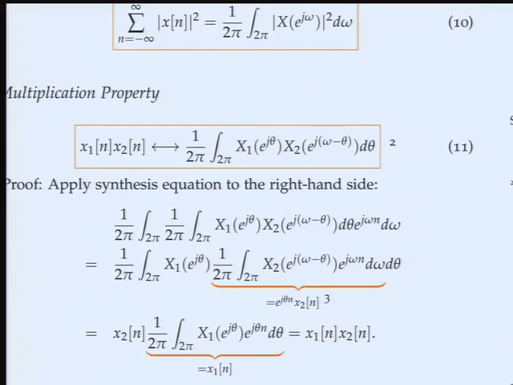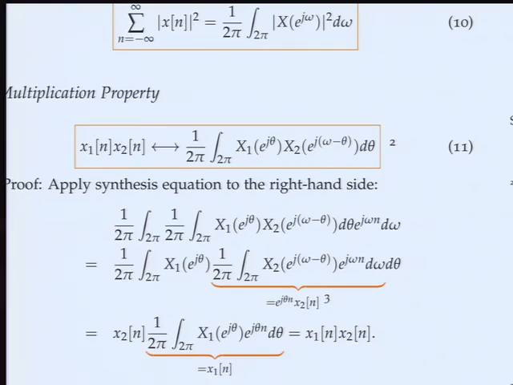So then you have two integrals: one over omega, the other over theta. The never-failing, very reliable trick in this course that saves the day in every lecture, in every exam, everywhere, is that if you see a double integral or double summation, change their order, and somehow that leads to the result. That's a meta trick in this course, all right? So the right-hand side of 11 has an integral over theta.